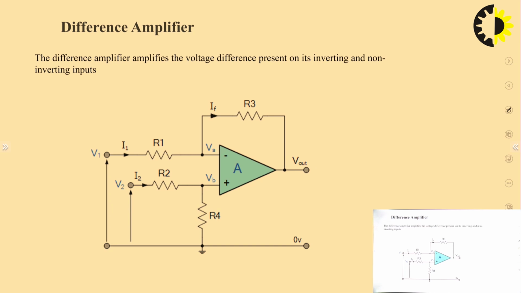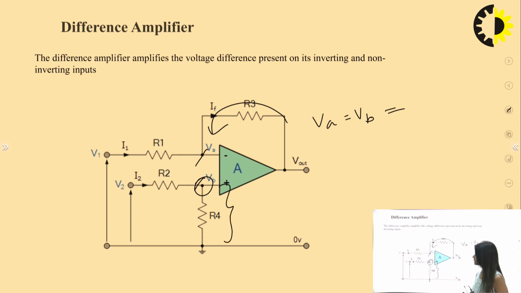Coming to the difference amplifier: as the op-amp is adding, the op-amp can also subtract. The feedback resistance is again at the negative terminal. VA is equal to VB here. This VB is nothing but the voltage across this resistance R4.